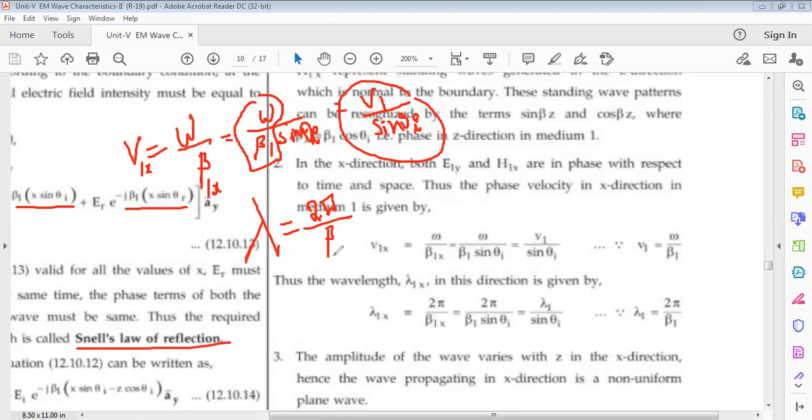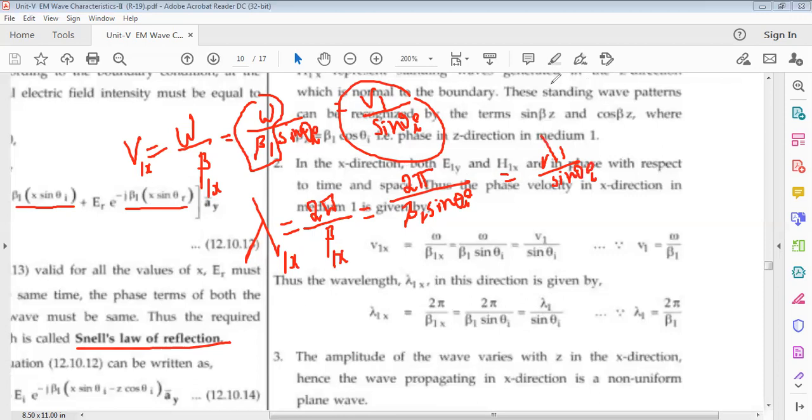Since it is in medium 1, it is beta 1 and lambda 1, and in the x direction, beta 1x is 2 pi by beta 1 into sine theta. 2 pi by beta is nothing but lambda, so lambda 1x is lambda 1 by sine theta.